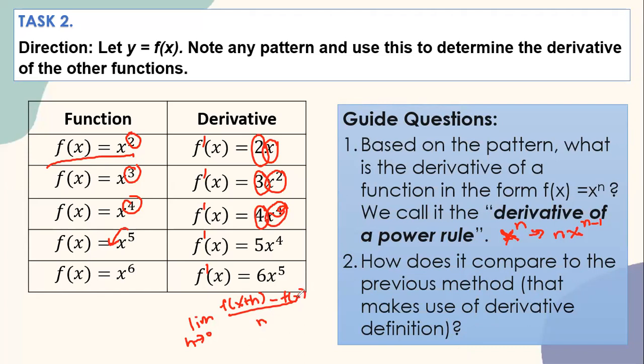So how does it compare? Napakadali na nating makuha yung derivative ng function. Hindi na natin kailangan pang gumamit ng mahabang formula na to. So masasabi natin na this is the shorter method of finding the derivative of certain functions. All right.